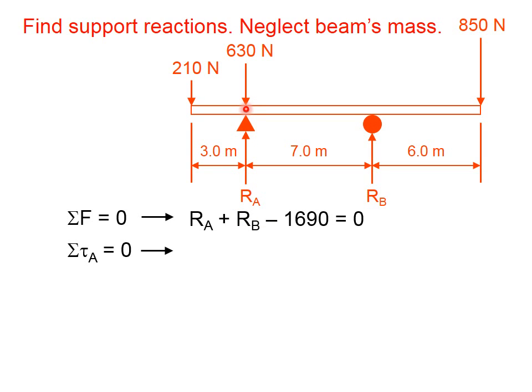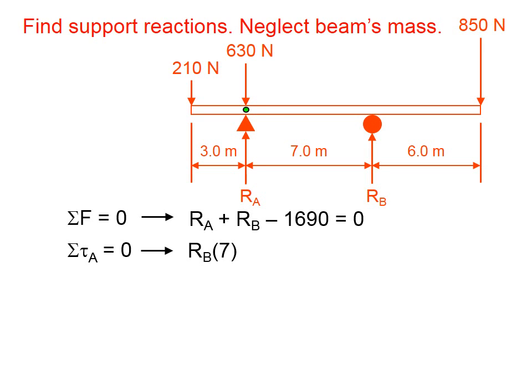So we're either going to pick right there where the green dot is, or we're going to pick over here to the right above reaction B. But I chose the reaction above A because that will not only knock out the RA component of the torque, but it'll also knock out the 630 component of the torque. So I won't have to consider either of those two forces in this equation here.